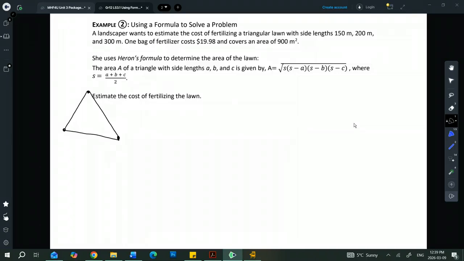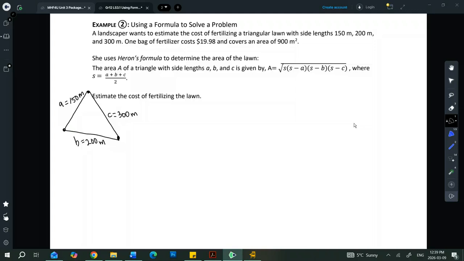You can also just list out A equals this, B equals this. So let's say A equals 150. I'm not drawing this to scale, it's just so we have a visual. B is 200, and C is 300 meters.